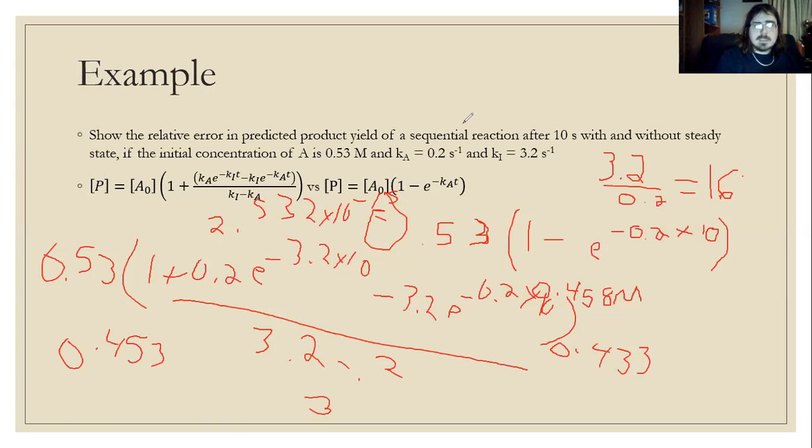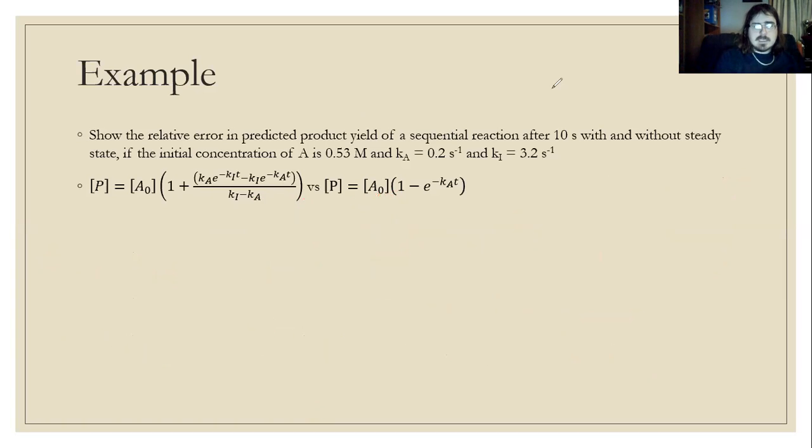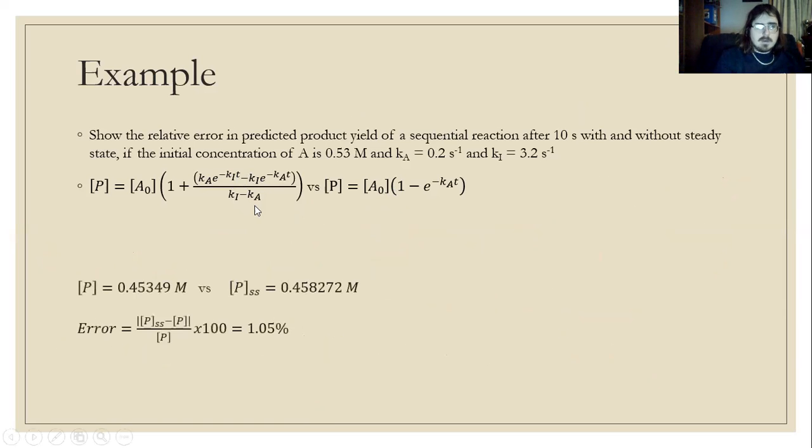So the error is not really that significant, all said and done. The steady state approximation is rather valid and a lot easier to take care of, because that whole term essentially drops out to being too small in the long run.